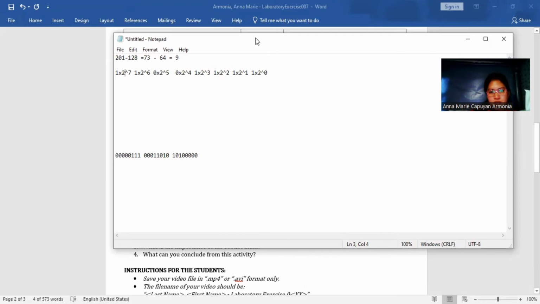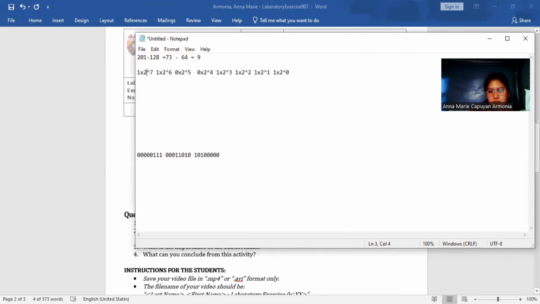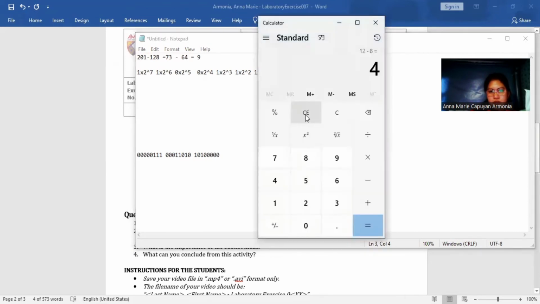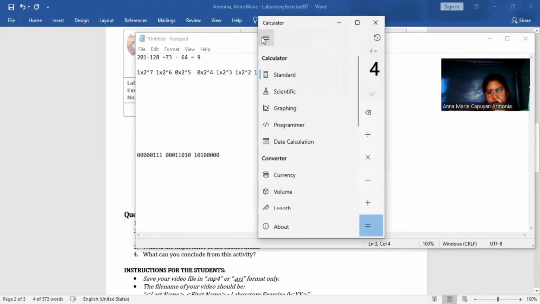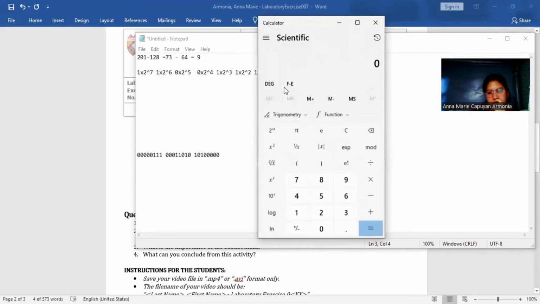Let me check if I could get this on the calculator. Let's get the scientific one.